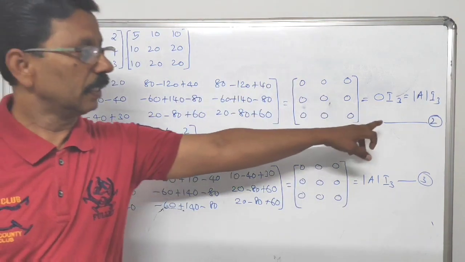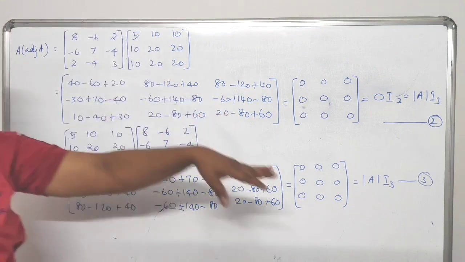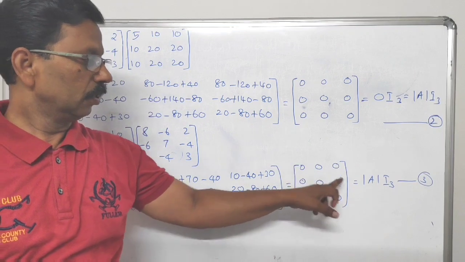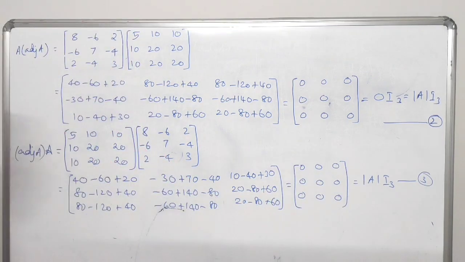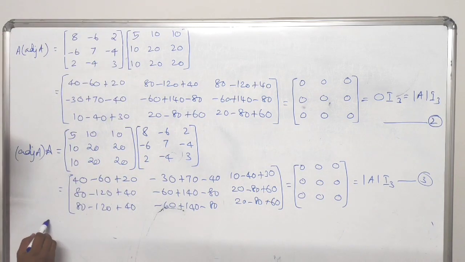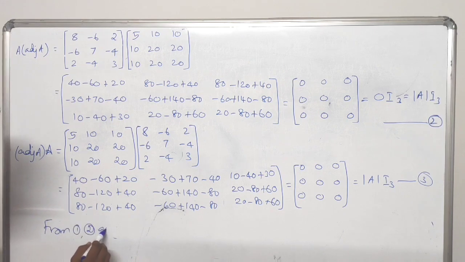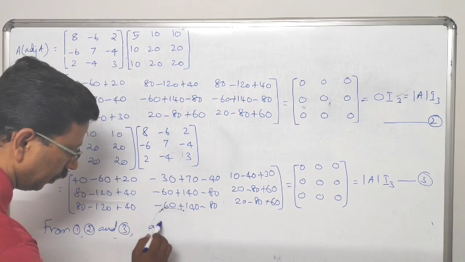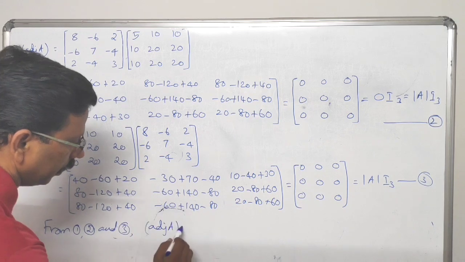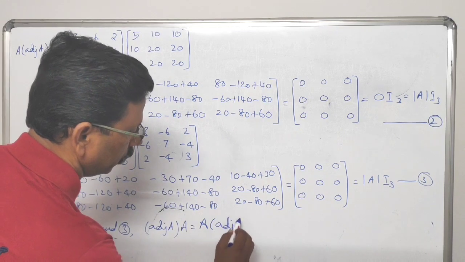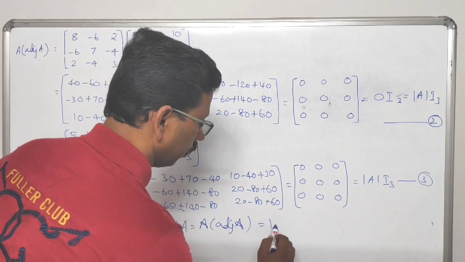Look at equation number 1: it is nothing but determinant A into I3, which we got as 0, 0, 0, 0, 0, 0, 0, 0, 0. Therefore from equations 1, 2 and 3, we get adjoint A into A is equal to A into adjoint A, which is equal to determinant A into I3.